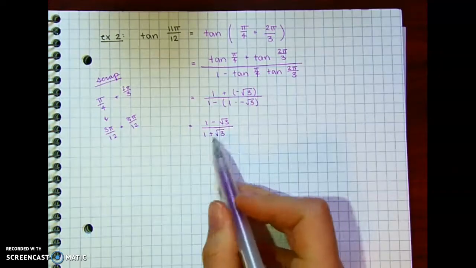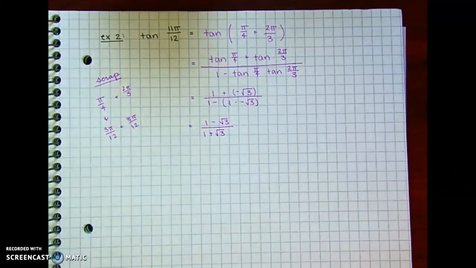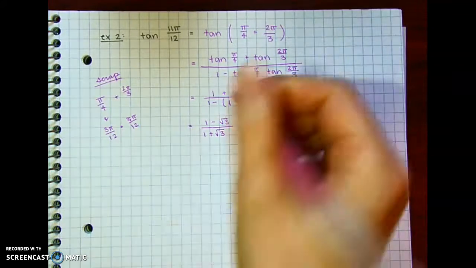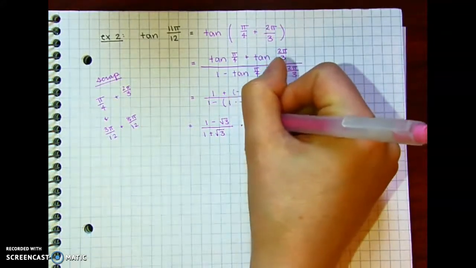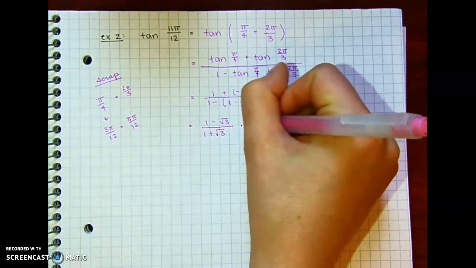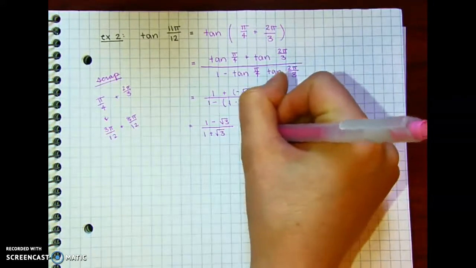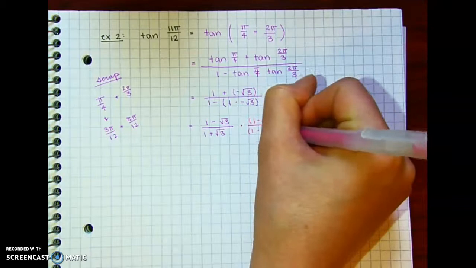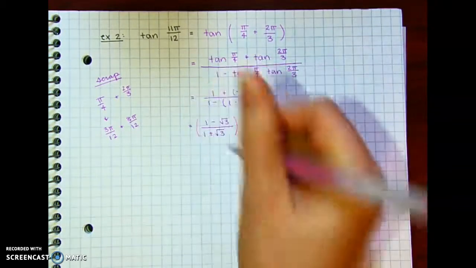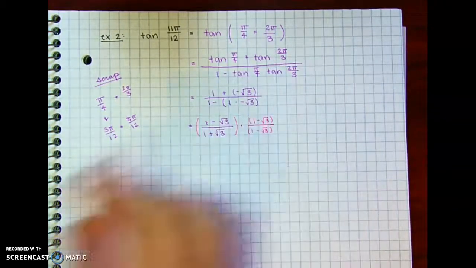And we don't like to have radicals in the denominator, so that means we need to rationalize the denominator. So I'm going to multiply by the conjugate, which is 1 minus root 3 over 1 minus root 3. And make sure you distribute.